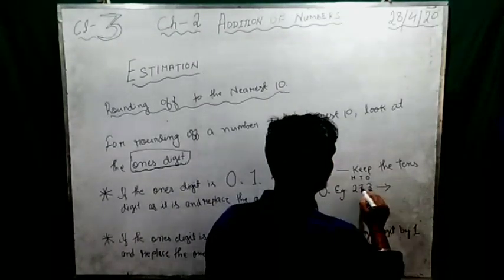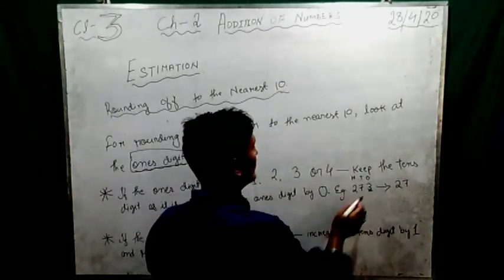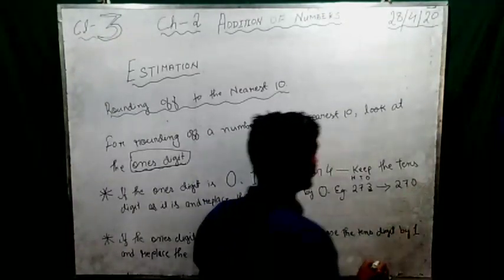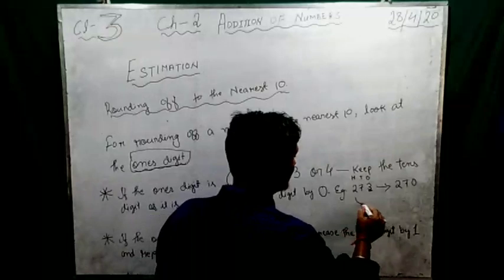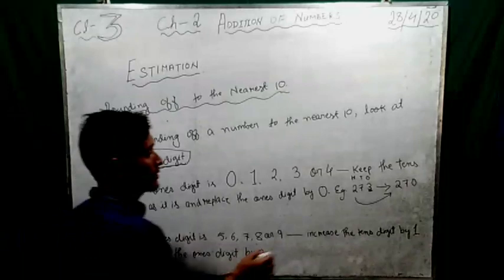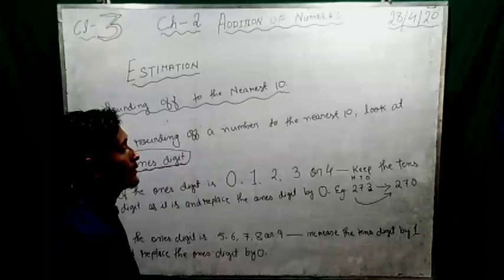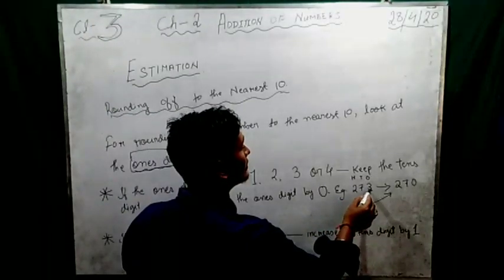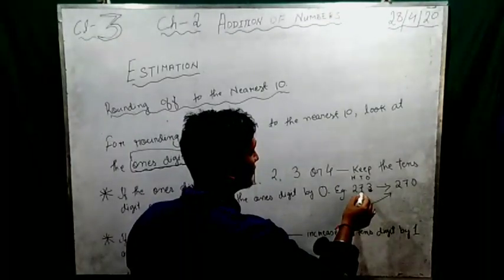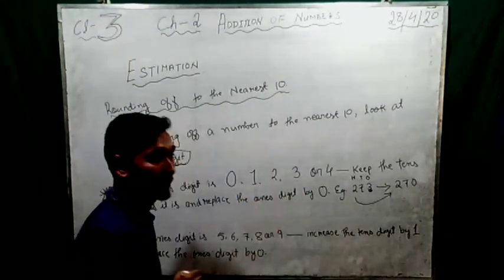So 7 will remain 7 and we replace the ones digit by 0. So this is the nearest 10 of 273. Why? Because this 3 is near to 0. That is why we are not changing or adding any number in the tens place, because the ones digit is 3.